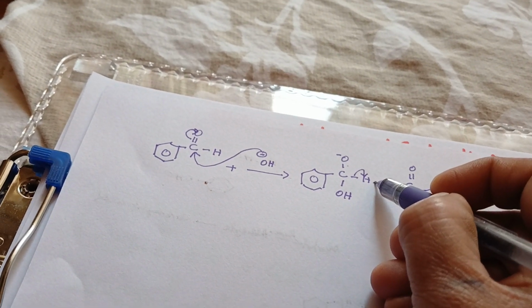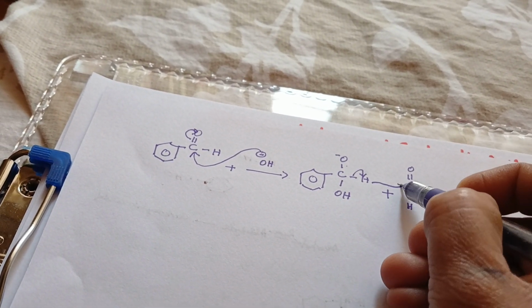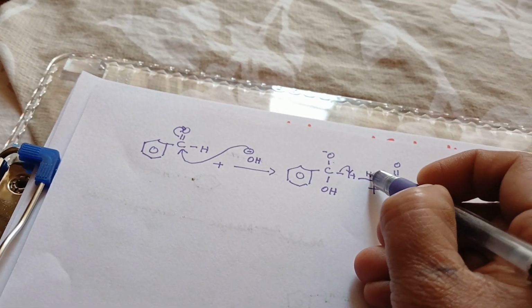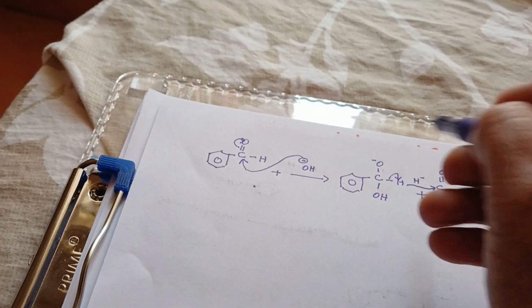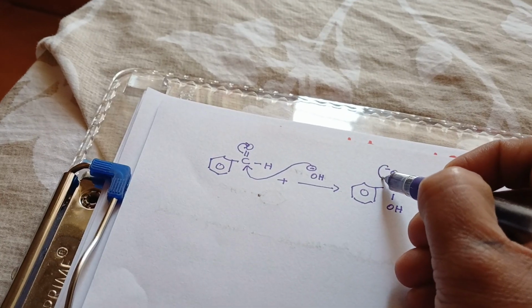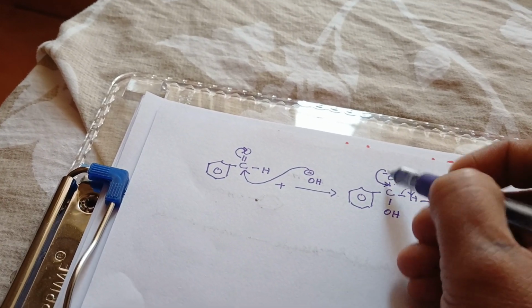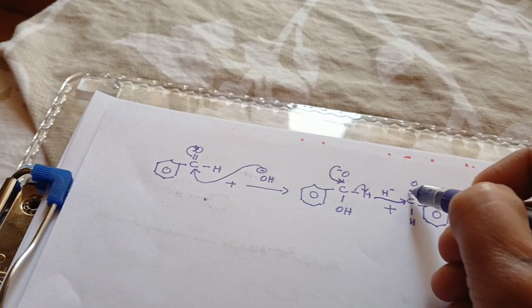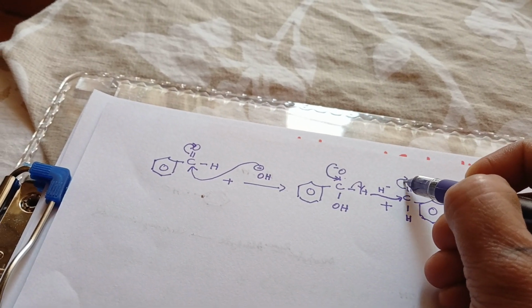Now that hydride ion will come and attack the carbon here. So there is a hydride transfer here. Those electrons will come back here, and these electrons will go up there.